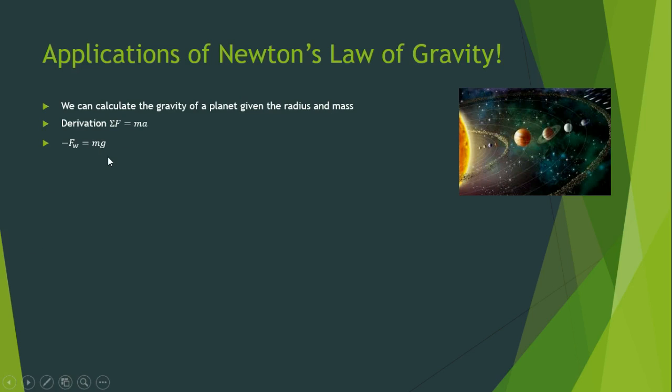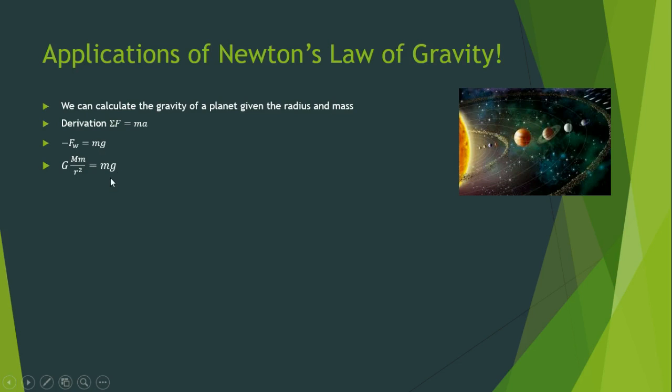So this looks just like the summation of forces equals mass times acceleration. Mass, gravity is the acceleration. So think about this, and instead of weight just being mg, substitute Newton's law of gravity. So big G m times m over r squared equals mass times gravity.